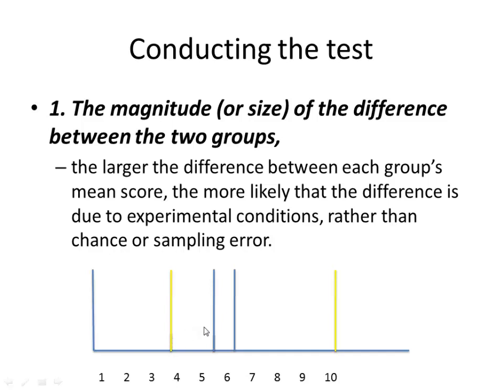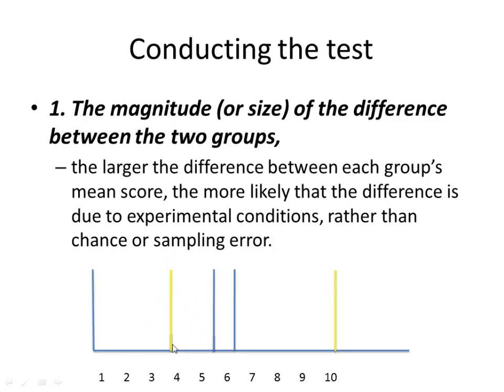Now, as we look at the 2 means represented by the yellow lines, where we see a much larger magnitude in the difference, a mean of about 4 and a mean of about 10, we can see that there is a much larger difference in the means of the 2 groups, and we'd be more likely to conclude that this group was different from this group based on whatever characteristic we placed them into the group on.